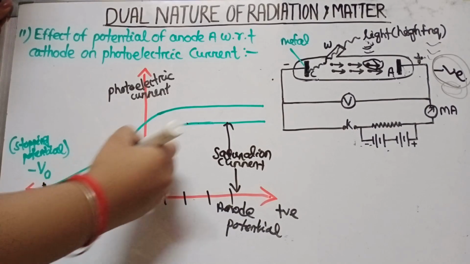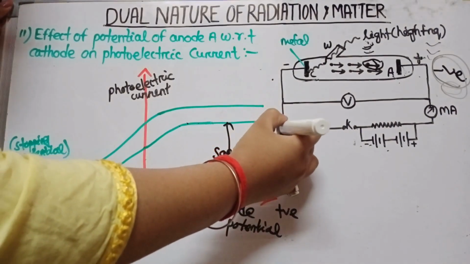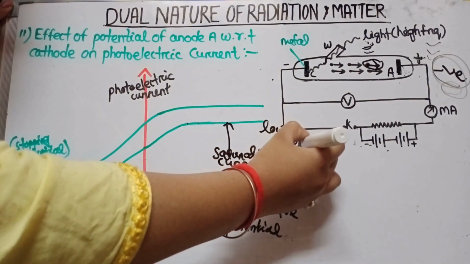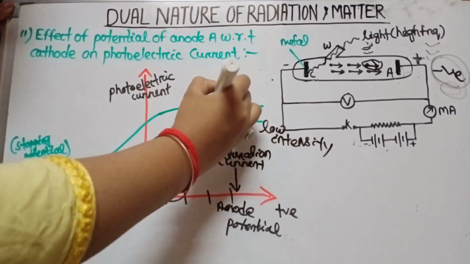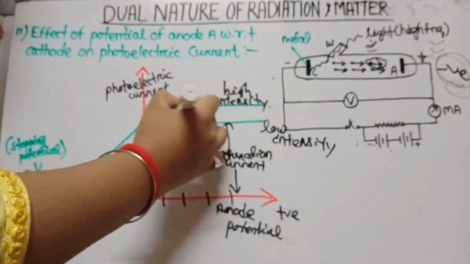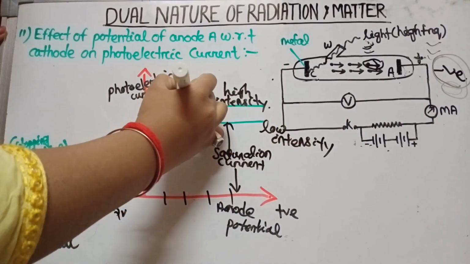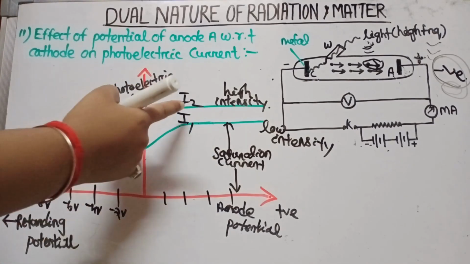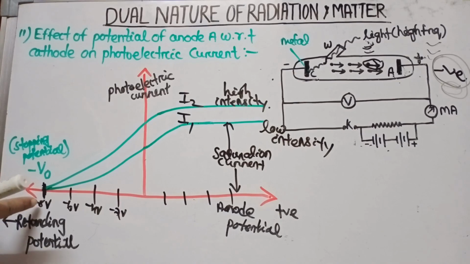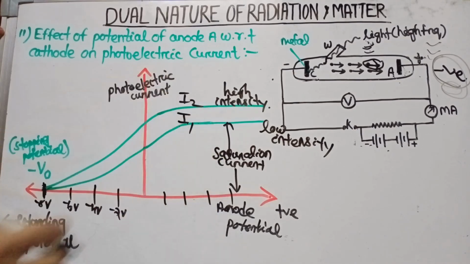Here this graph indicates low intensity and this graph indicates high intensity. So for low intensity take I1, and for the high intensity graph take I2. Both have the same stopping potential, but the saturation current is different.